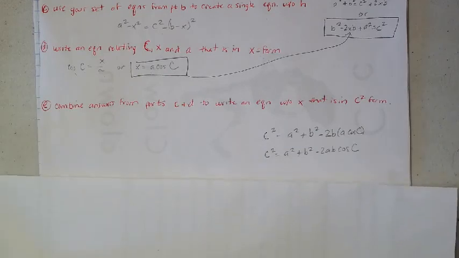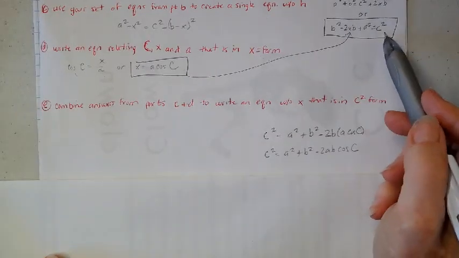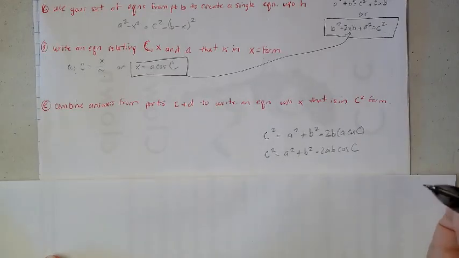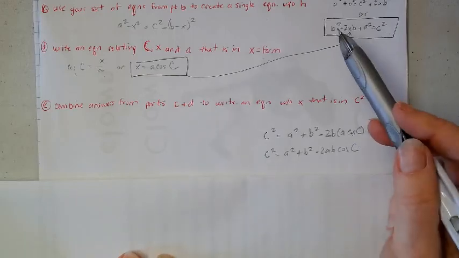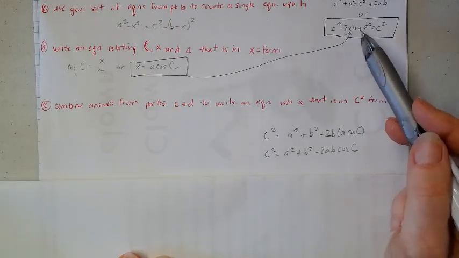Well, I also switched it so that the c squared was first. So hopefully you can see that. See how it's -2 times X times B?